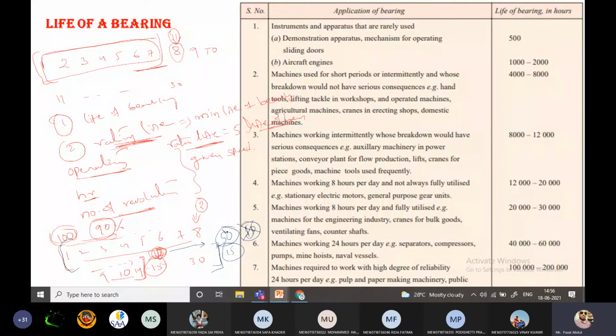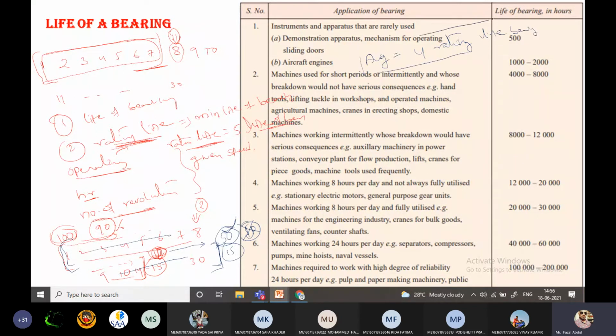For this 50% of the bearings, whatever life we find from the beginning to here, that is called the average life. Okay, now the relation between the average life of the bearing and the rating life of the bearing is 4 times the rating life of the bearing.